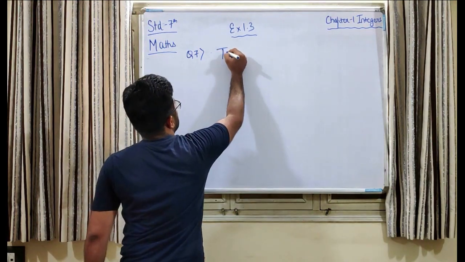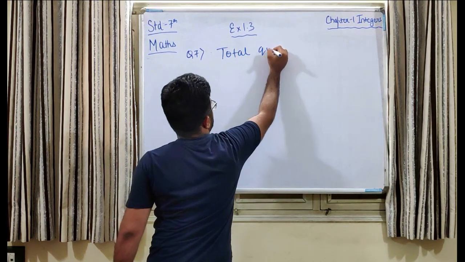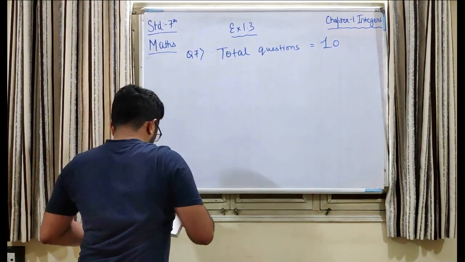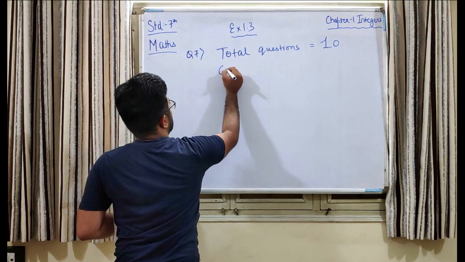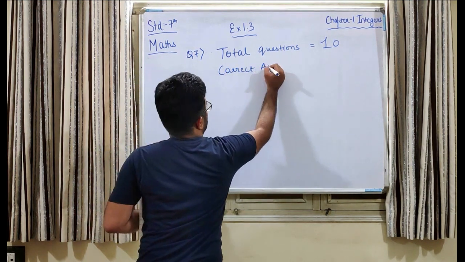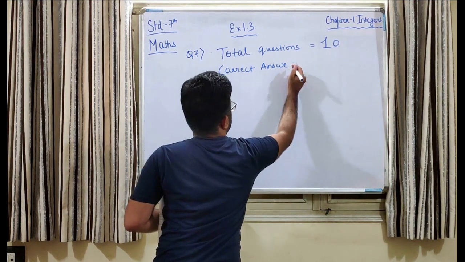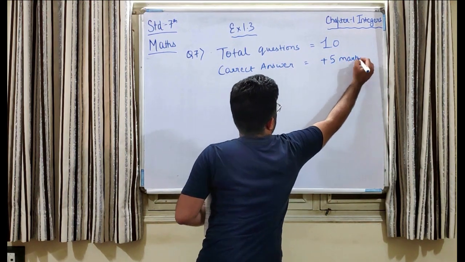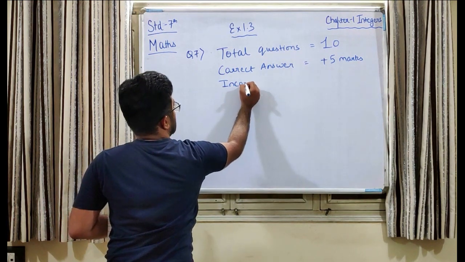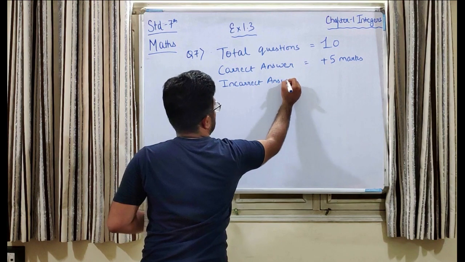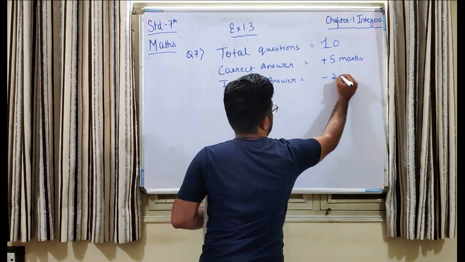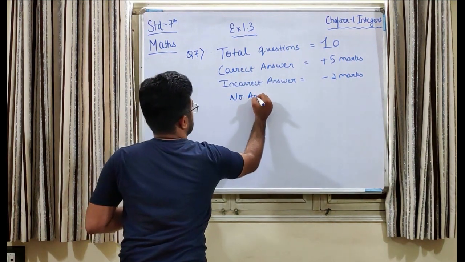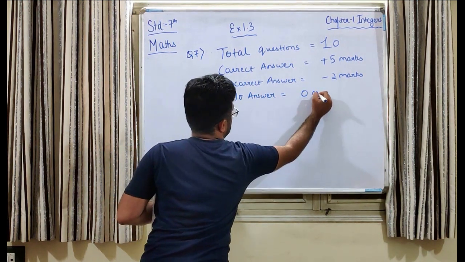Total questions is equal to 10. For every correct answer, plus 5 marks; for every incorrect answer, negative 2 marks; and for no attempts, that is no answer, 0 marks.